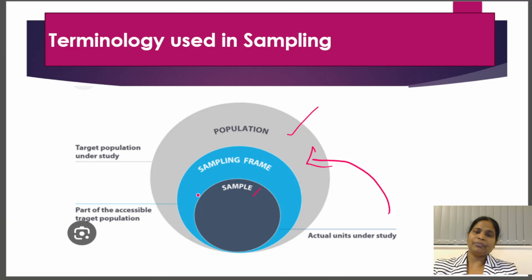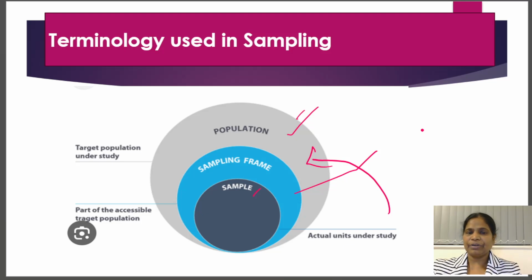But the sampling frame includes, for example, if you want to conduct a study on postgraduate nurses, that study is related to postgraduate nurses, and they come under the population. But when we say accessible target population, it is a frame within a particular setting, particular area, particular state.